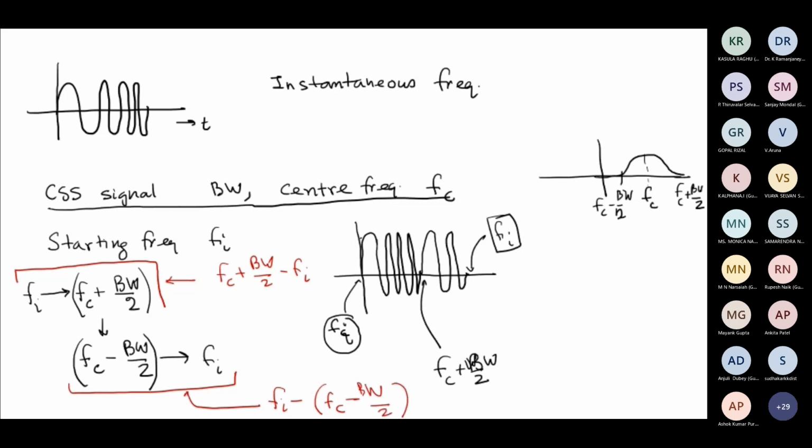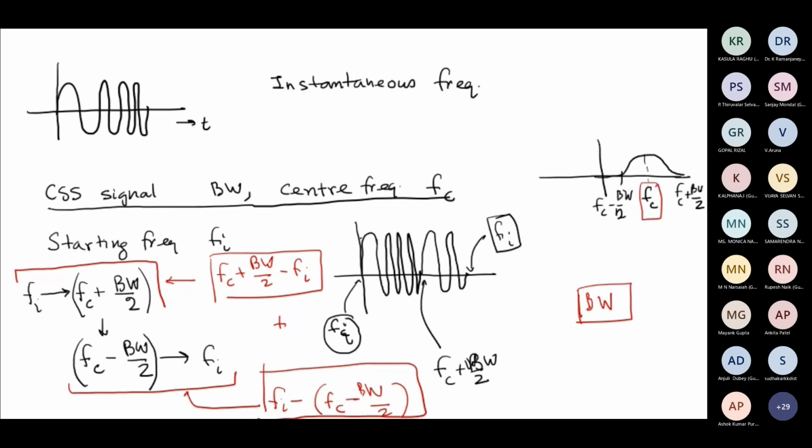So if we add up these two frequency ranges, that is this quantity plus the quantity down below, we will see that these two add up to exactly a value equal to the bandwidth. So this is how a chirp signal, no matter what its starting frequency is, will traverse or sweep over a frequency range exactly equal to the bandwidth of the signal, and the center frequency will turn out to be exactly equal to Fc.